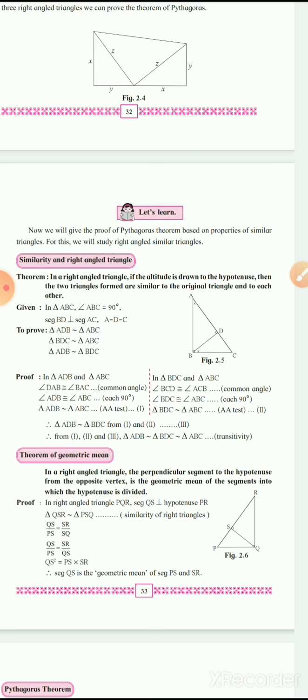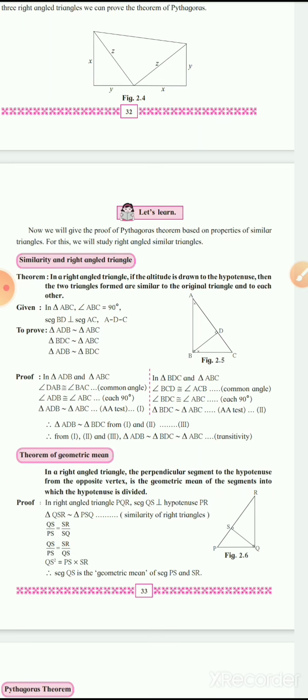Here let us see in the figure, triangle ABC. In triangle ABC, angle ABC is equal to 90 degree and segment BD is perpendicular to segment AC, which means segment BD is the altitude drawn to the hypotenuse AC, and this altitude formed two triangles, triangle ADB and triangle BDC.